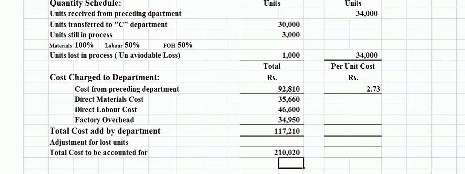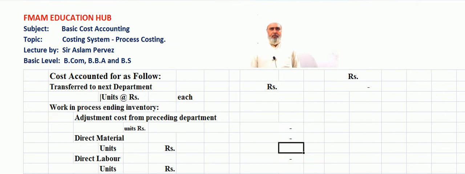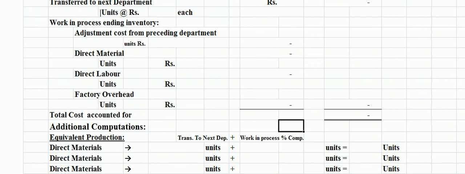For this purpose, we have to move to the fourth section, additional computation, in which we have to find out the equivalent production as material, as direct labor, as factory overhead here.